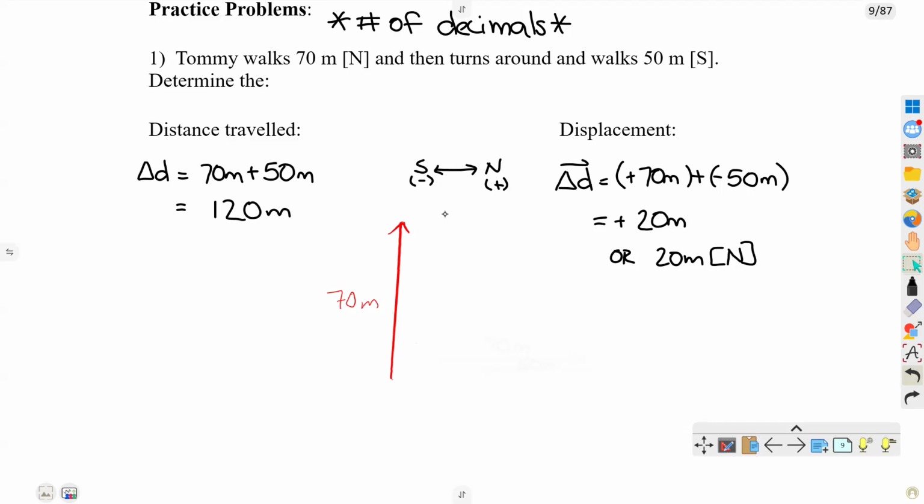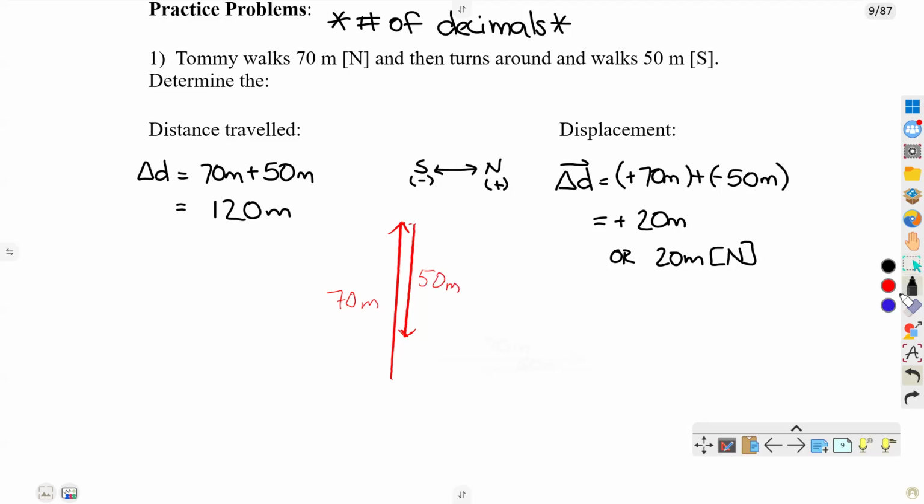And then he's going to turn around and he's going to come 50 meters this way. And again, I'm not actually using a ruler. I'm just using a straight edge that I had available to me. So that's just going to be the 50 meters moving south.